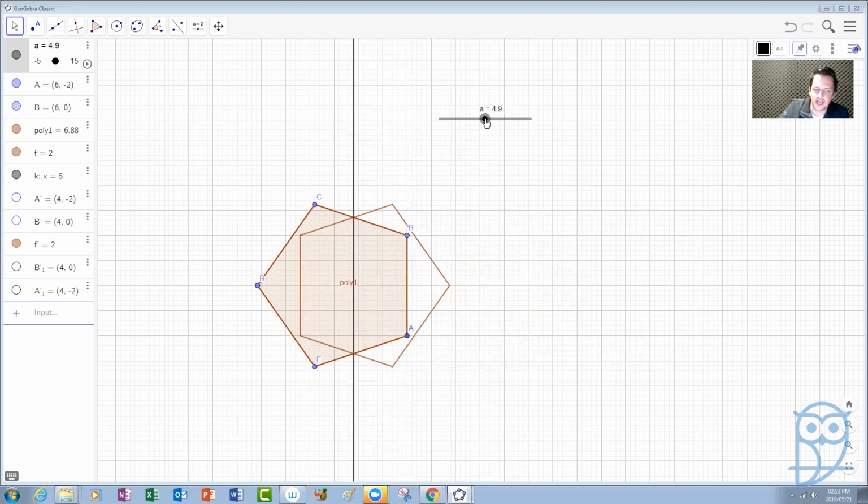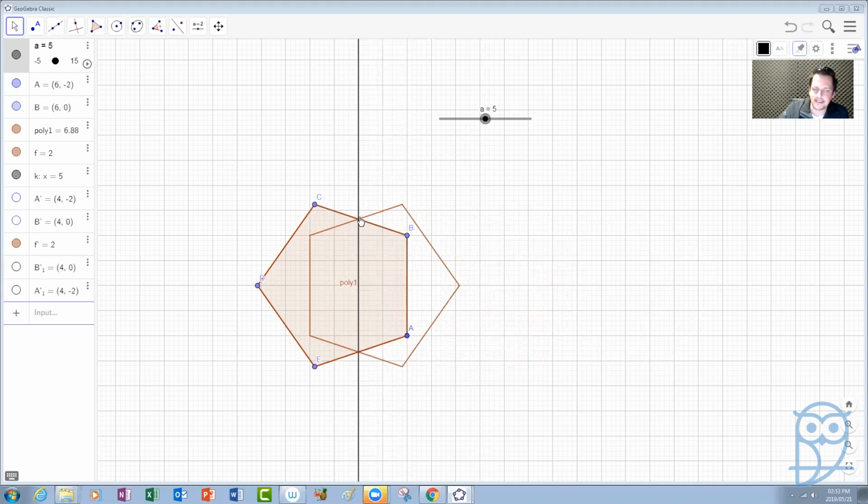Now that my reflection line has crossed my line CB, I'm only going to look at parts of it individually. So I'm going to look at from C to my reflection line. Well, that then gets reflected up there. But now this bit over here is on that side of my reflection line, which means it needs to get reflected to the left-hand side. And that's why this bit there is now reflected down here on that side.